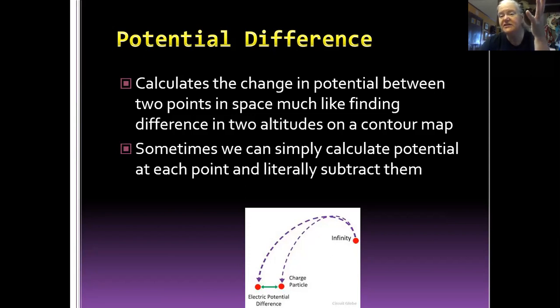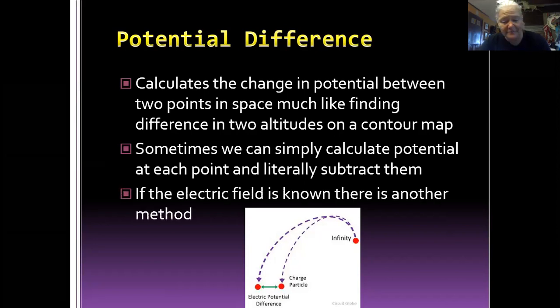So sometimes it's just as simple as knowing the two values of potential and subtracting them. Sometimes you have to use the equation for the potential energy of a point charge and then subtract them. And sometimes you're just told this is the potential difference between these 2 points. So it just depends on the application of the problem, but it's very much like moving between 2 different altitudes on a topographic map.